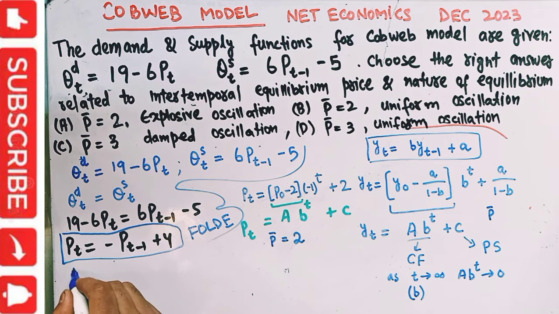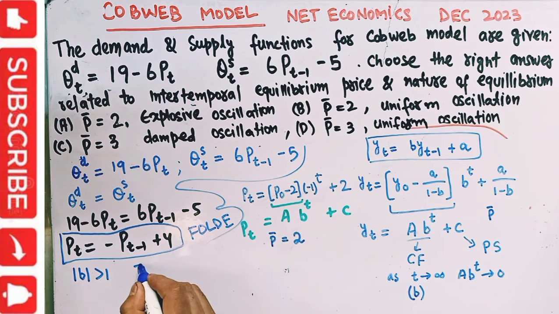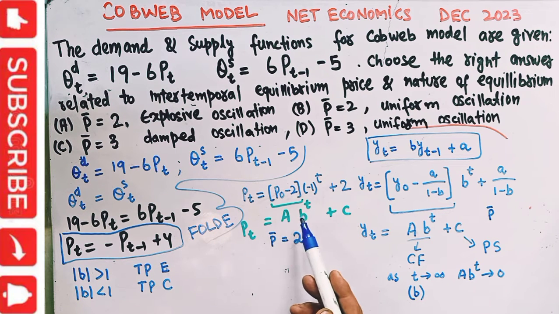The first condition is that if the modulus of b is greater than 1, then the time path explodes. So we have an unstable equilibrium. If the modulus of b is less than 1, we say the time path is convergent.